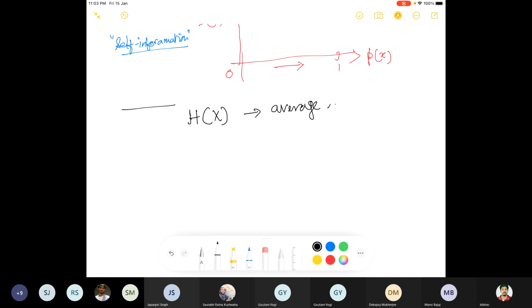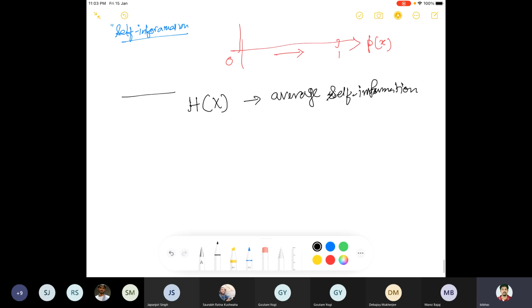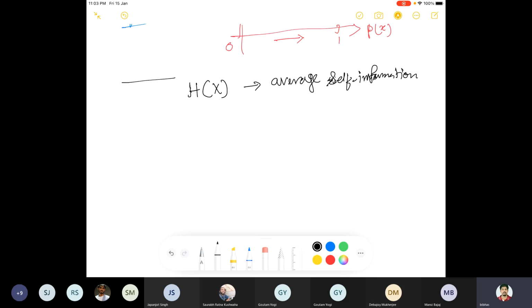Okay, what is happening? Average self-information, this is one thing. Now we also talked about average mutual information. This is self-information, but whenever we say mutual, then instead of one random variable, I need two random variables.